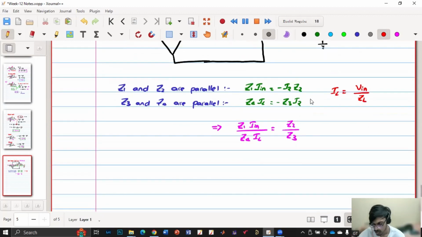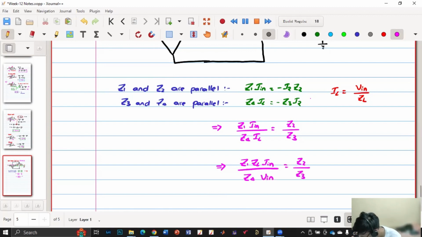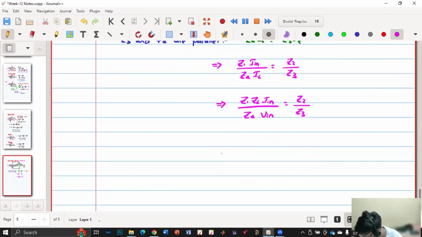Yes. So now if we substitute that over here, we will get Z1 ZL I in by Z4 V in is equal to Z2 upon Z3. Okay. Now basically what I want is the input impedance.